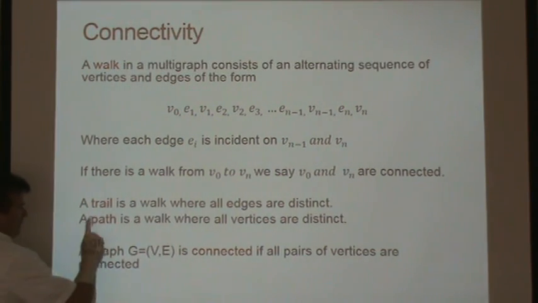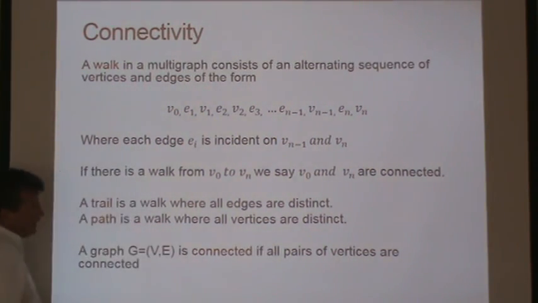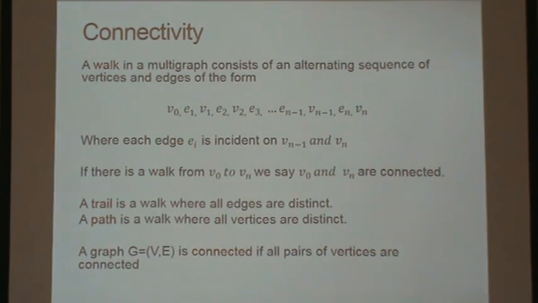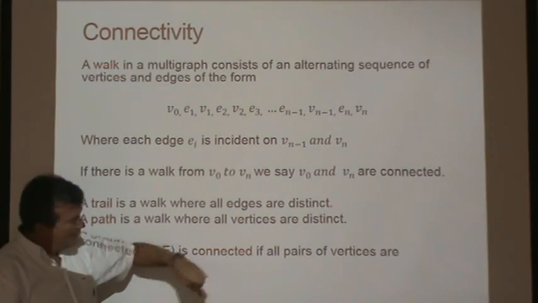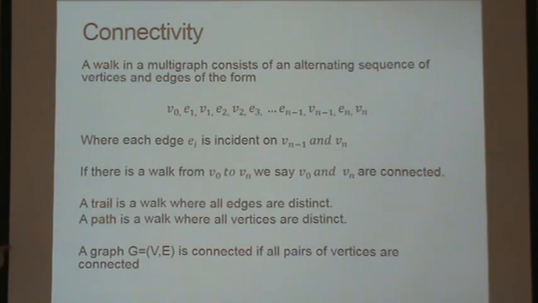A trail is a walk where all edges are distinct. In a walk you can repeat the edges again, but a trail would be a distinct set of edges. And a path is a way to get from one point to another where you don't repeat vertices along the way. We would officially call that a path.